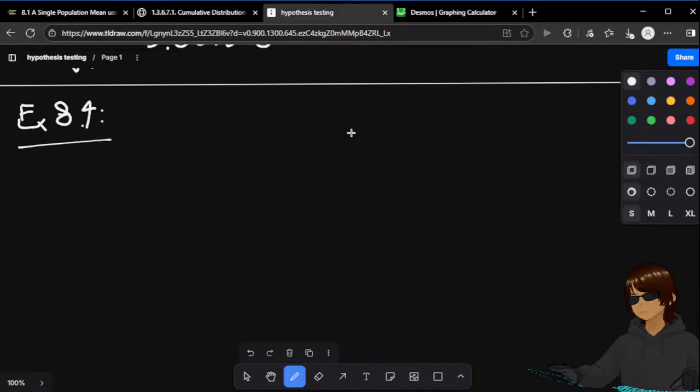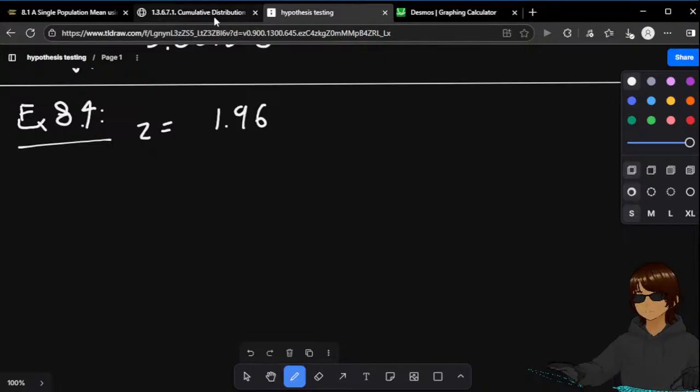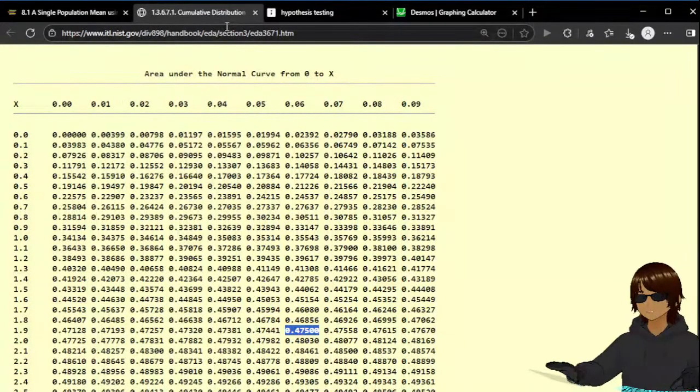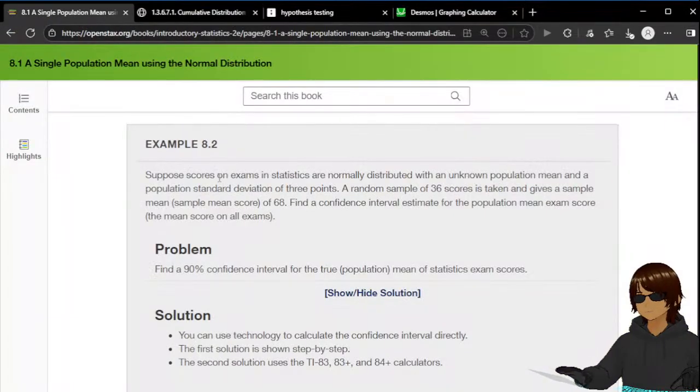A sample of 36 exam scores gives a sample mean of 68.